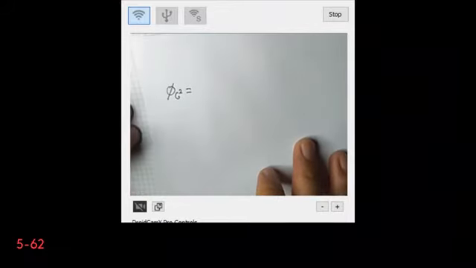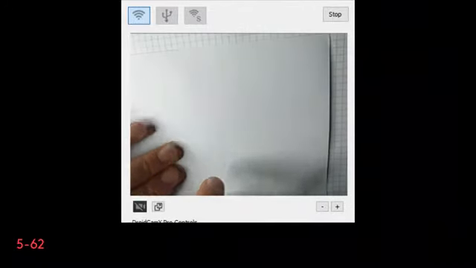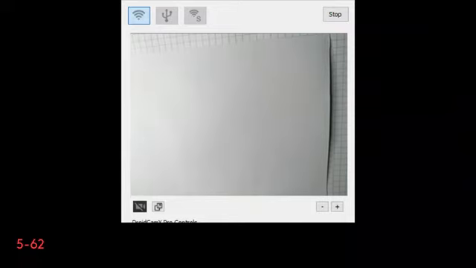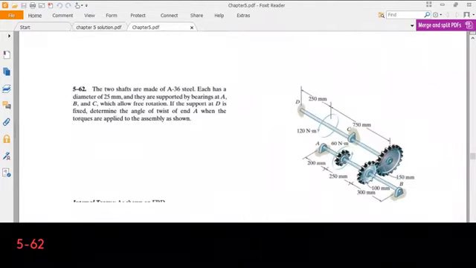Remember that I have two different regions. And now let us define some variables first, maybe. So I will define this 250 millimeter distance as L1.